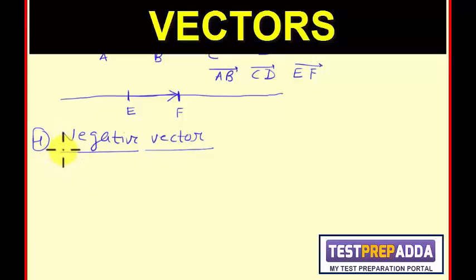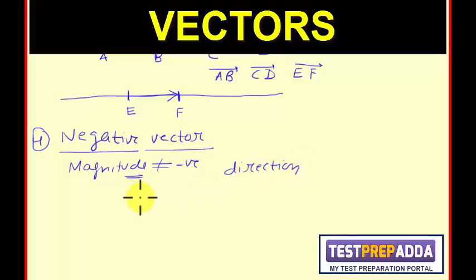You may think that negative vector means negative magnitude. No. Please note the magnitude can never be negative. The magnitude is always positive. So what is left with us? Direction.